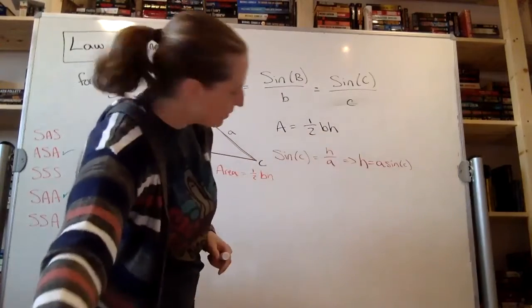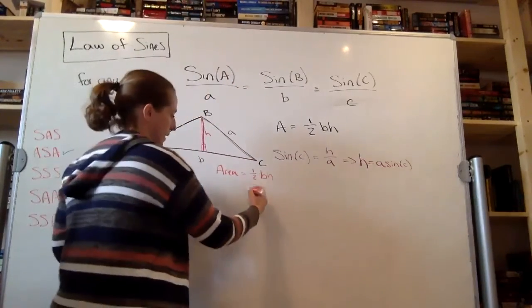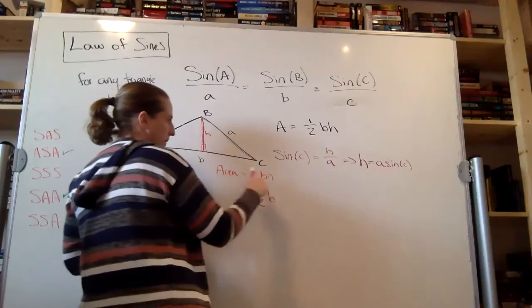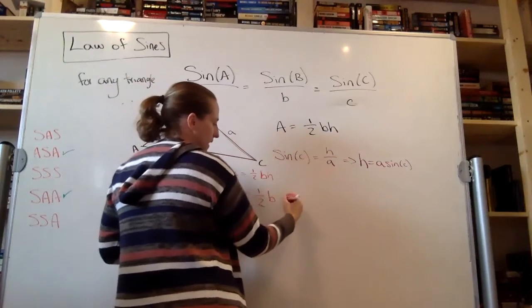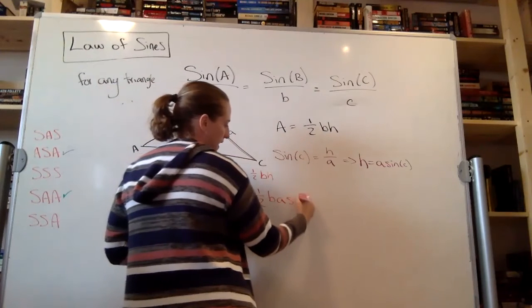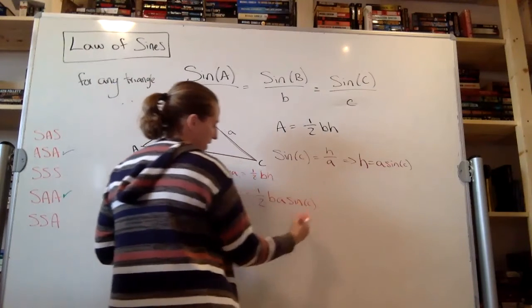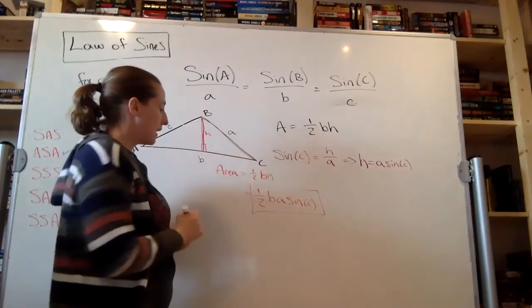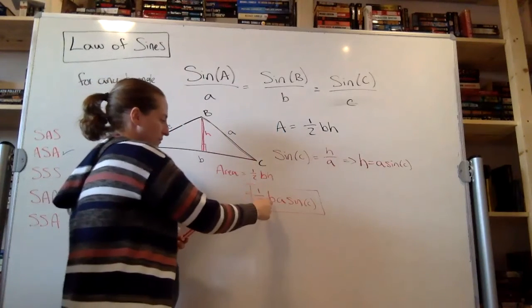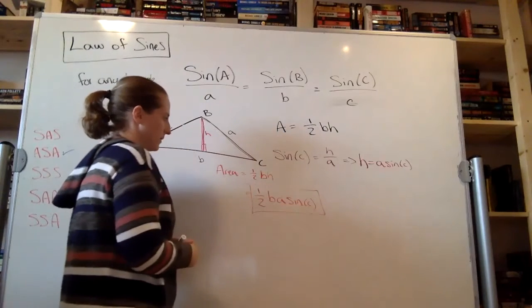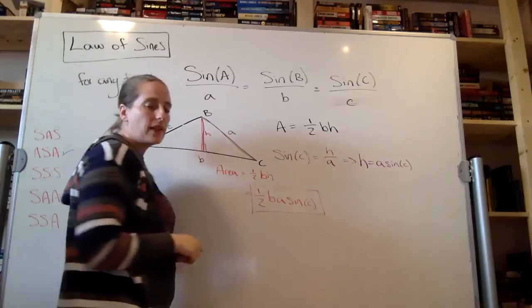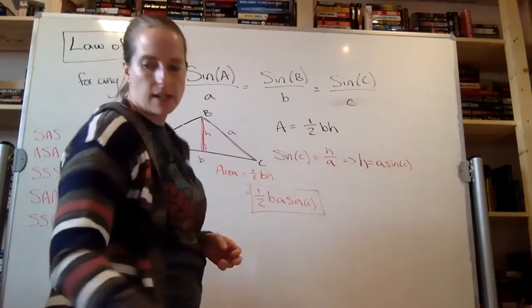Well, that's going to let me rewrite my area formula as 1/2 B, which is side length B, times my H, which I've now written as A sine of C. So here's another way we can think about our area. We can think of area as 1/2 BA sine of C. That's pretty handy because often when we're dealing with triangles, we know the length of the sides, not necessarily the height.